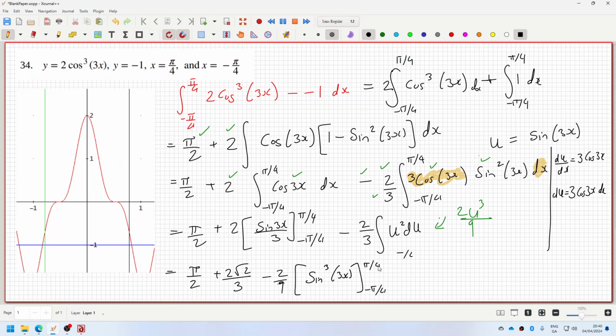Okay. Yeah, that's quite small actually. So that's pi over 2 plus 2 root 2 over 3 minus root 2 over 18. Okay. 2.43 about.